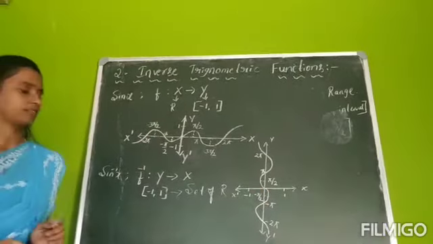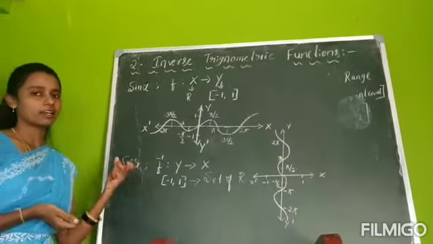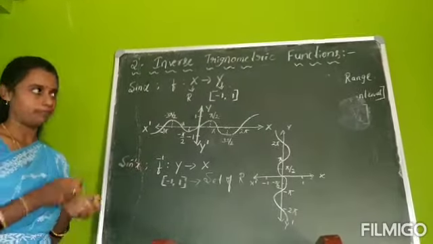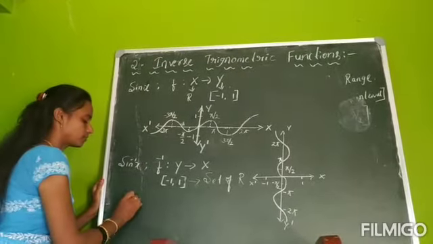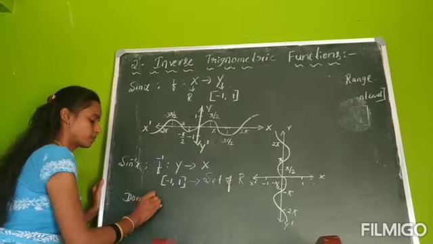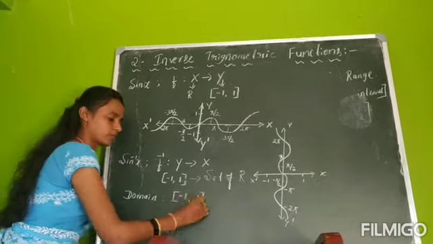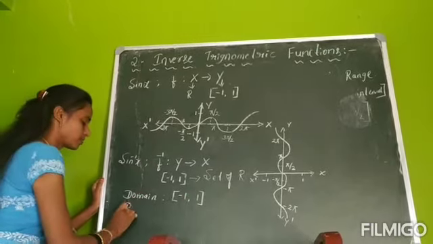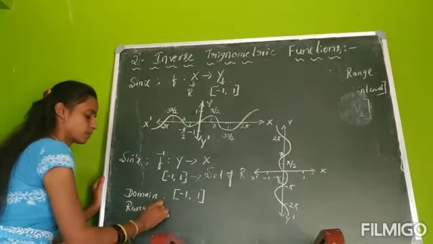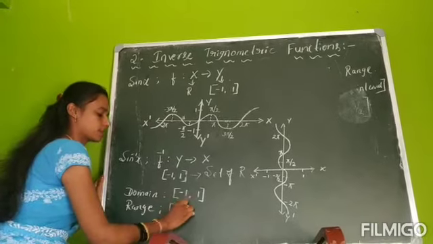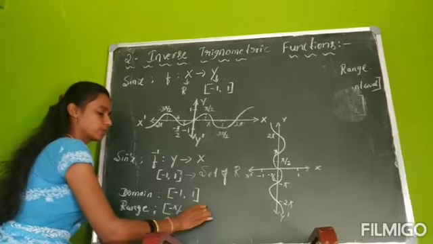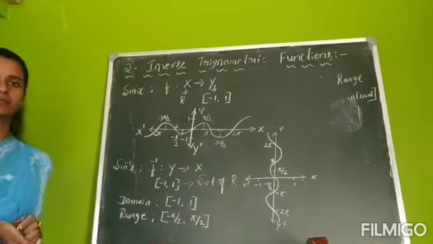Now I can write the domain and the range of sine inverse: the domain is minus 1 to 1, whereas the range is minus pi by 2 to pi by 2.